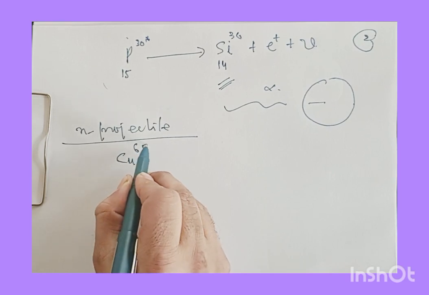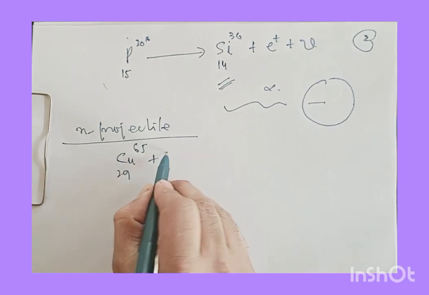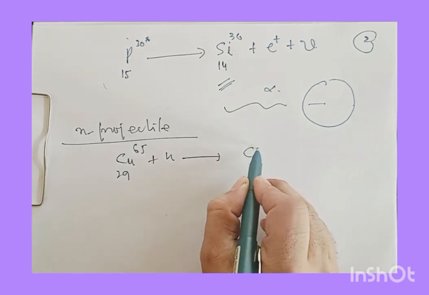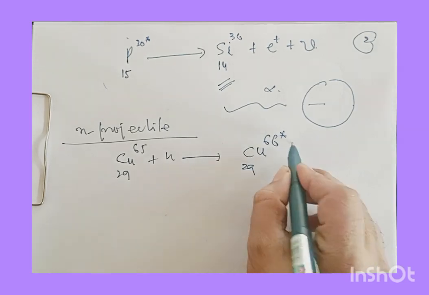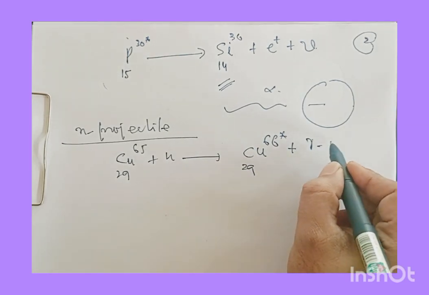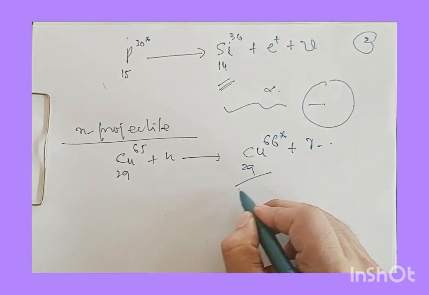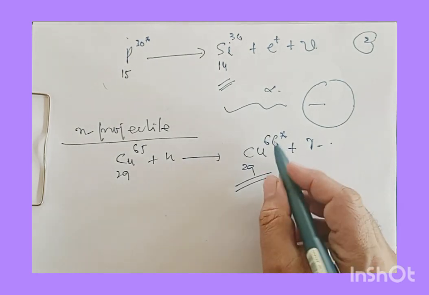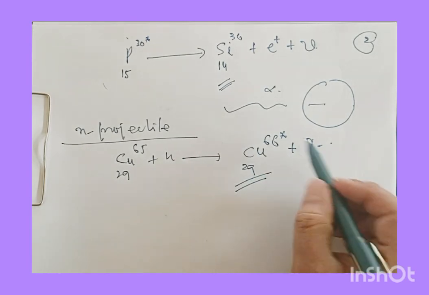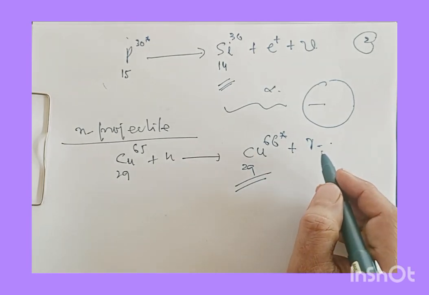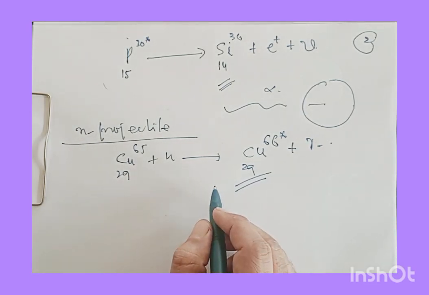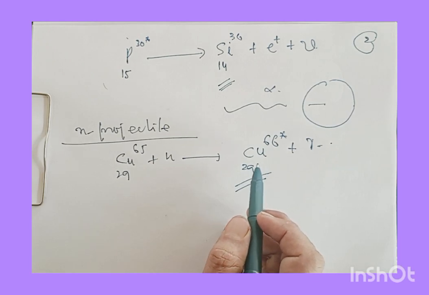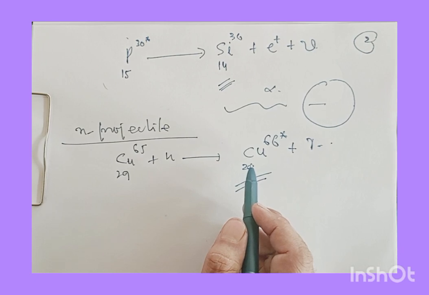Copper 65, 29, we hit it with a neutron, and what we get is copper 66, in an excited state, 29, and a gamma ray photon. This is unstable, and it becomes stable by emitting a gamma ray photon. This copper 66 is a radioactive isotope, and it decays by emitting an electron.